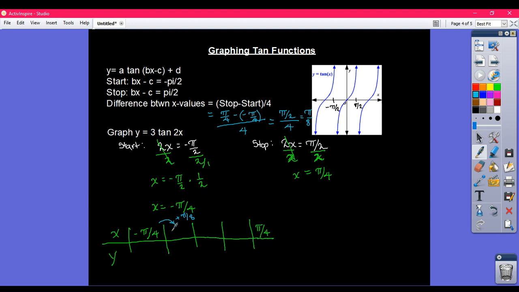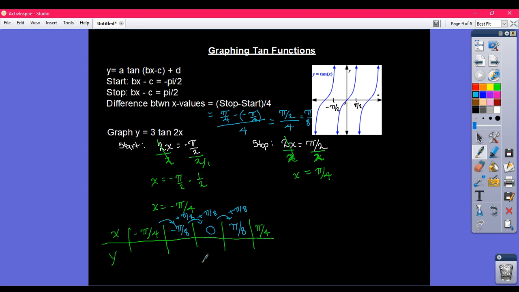So we'll just bring the pi over with that, negative pi over 8. Negative pi over 8 plus pi over 8 would give me 0. And then 0 plus pi over 8 would give me pi over 8. And just to check if I'm on the right track, I'm going to add pi over 8 plus pi over 8, which would give me pi over 4.